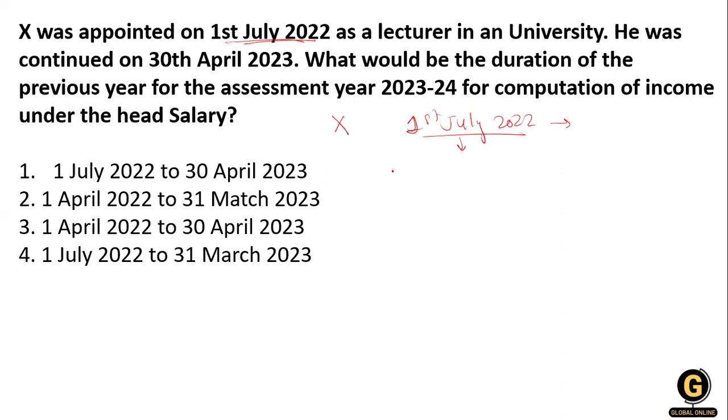When he pays the tax, the assessment year for that is 23-24. So what is the duration of that?